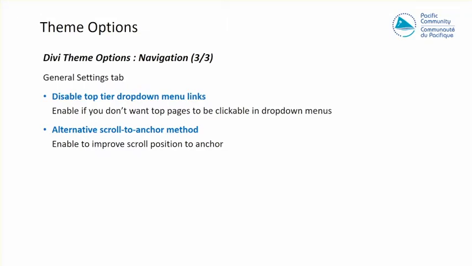Okay. Alternative scroll to anchor method, enabled to improve scroll positions to anchor. Like I said, some of the settings are just there for you to use if you want to. Okay.